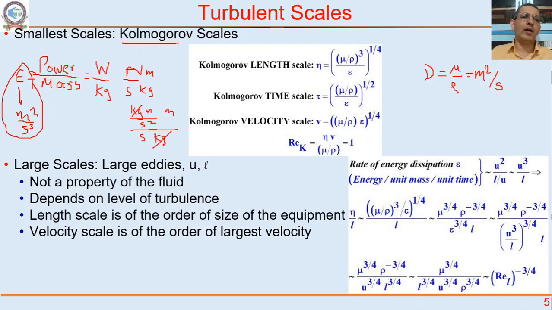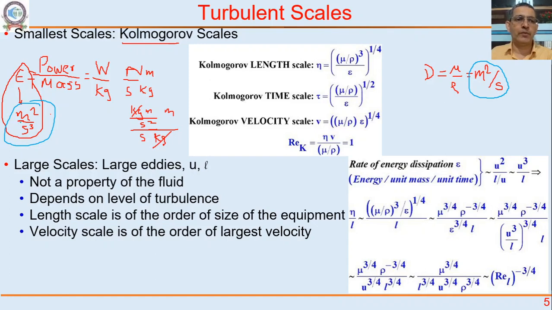Kolmogorov made different scales using these two sets of units, meter square per second cube and meter square per second, and defined them as the smallest eddies present in the flow. Let me tell you why smallest eddies.